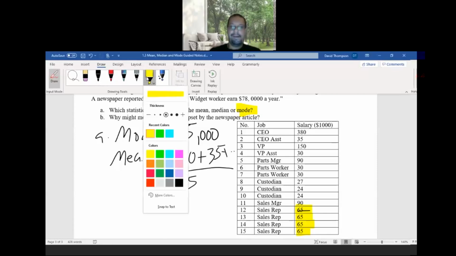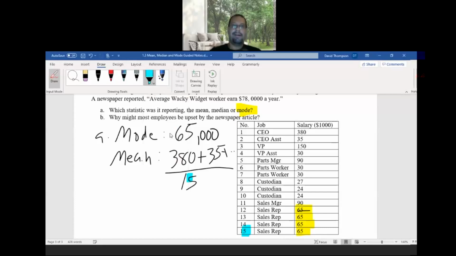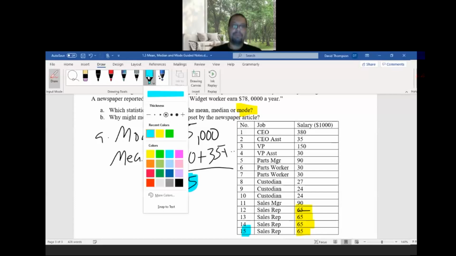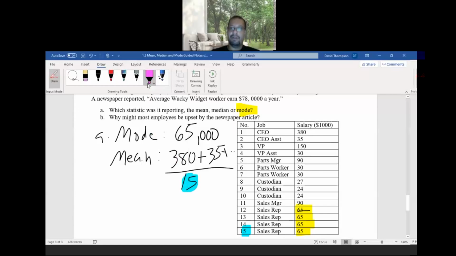And we'll use pink to represent all these numbers. So add them all together first: 380 plus 35 plus 150 plus 30 plus 90 plus 30 plus 30 plus 27 plus 24 plus 24 plus 90 plus 65 plus 65 plus 65 plus 65.